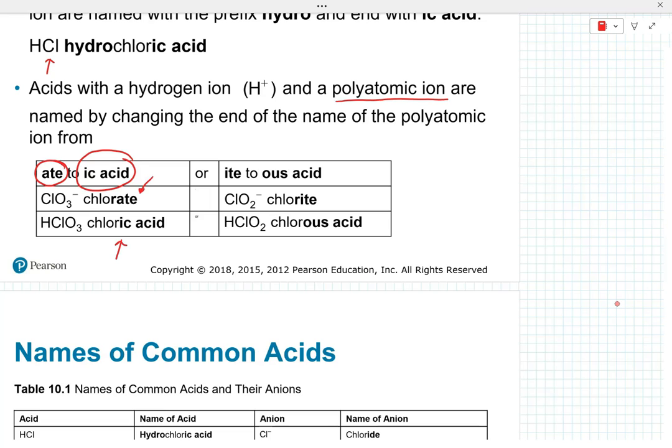Okay? Does that make sense? I'm going to go through the table and illustrate it for you. If the name of the salt ends with ITE, such as chlorite, it's going to be OUS acid. So chlorite, chlorous.